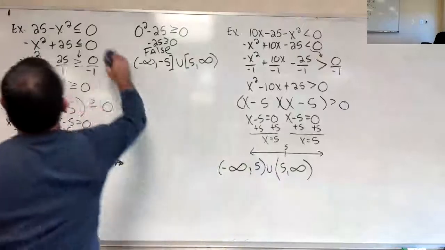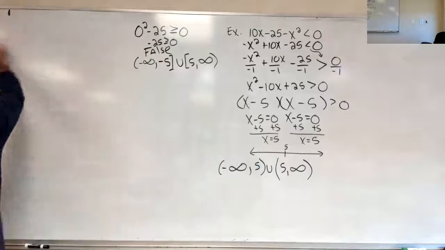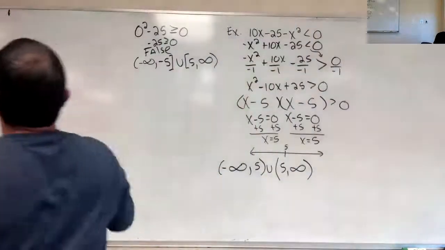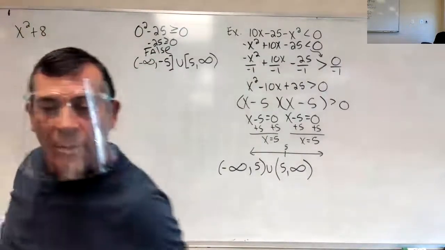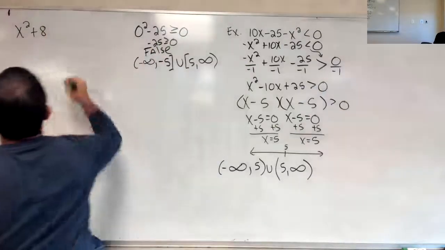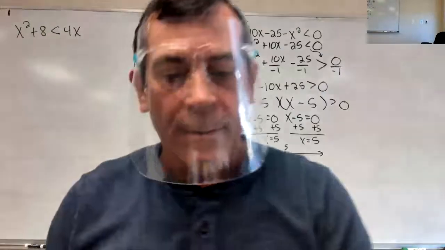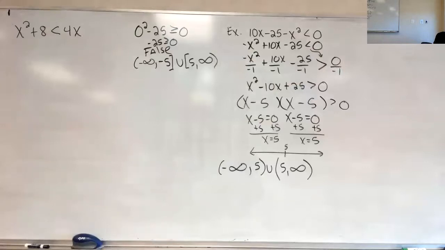All right, so let's see what we get here. I got x squared plus 8 is going to be less than 4x. So the first thing you really want to do is get everything on one side.